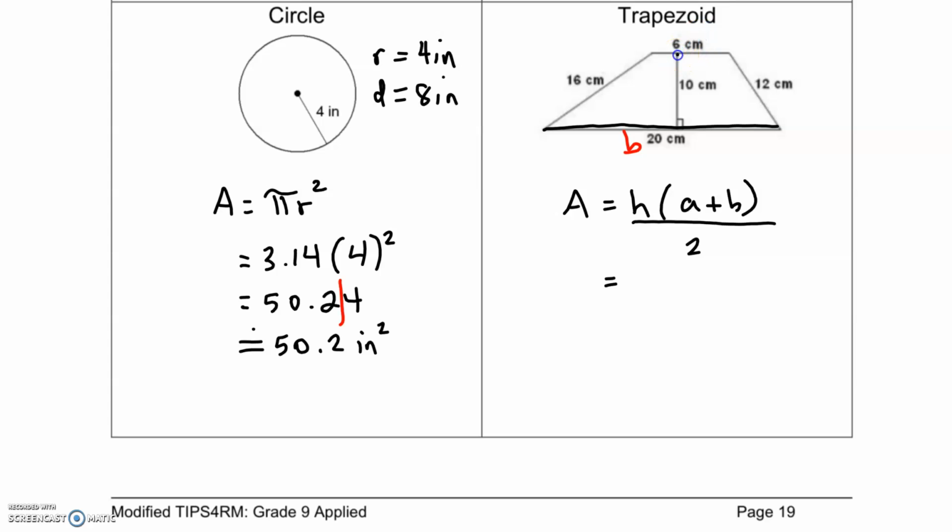The height is just like in the triangle, it meets at a 90. So that right there is my height. So the only other dimension we need to know is A, and A is at the top. It's parallel to the base. So think of making a letter I. That's how you know where little a is, little b, and the h.